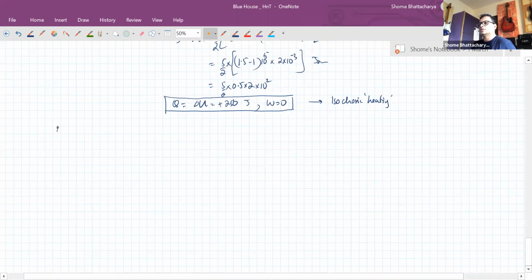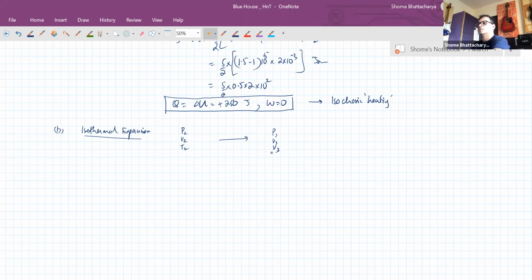So the second process was the isothermal expansion, okay, going from P2 V2 T2 to P3 V3, obviously T3 equal to T2.